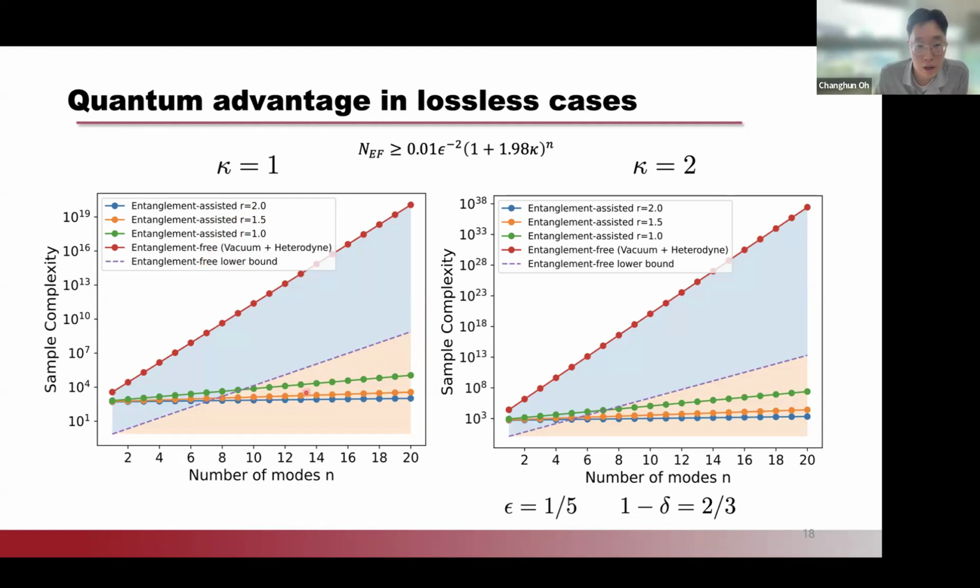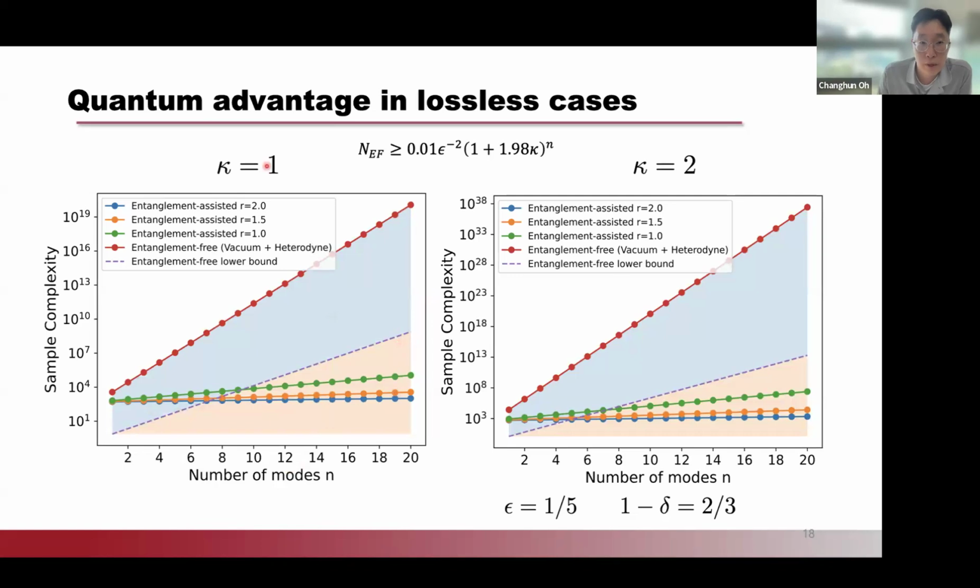You can see that when the system size is not too large, maybe we don't see any advantage here. But as we increase the system size, you can see a clear advantage over this particular entanglement-free scheme, or even the most general entanglement-free scheme.